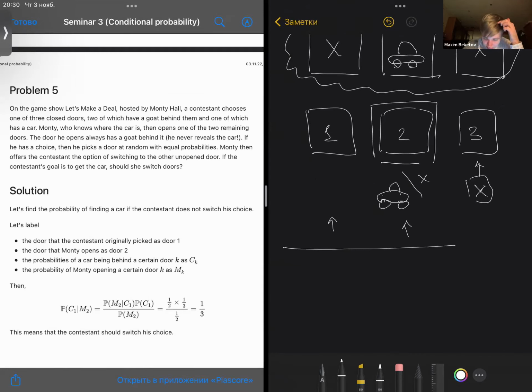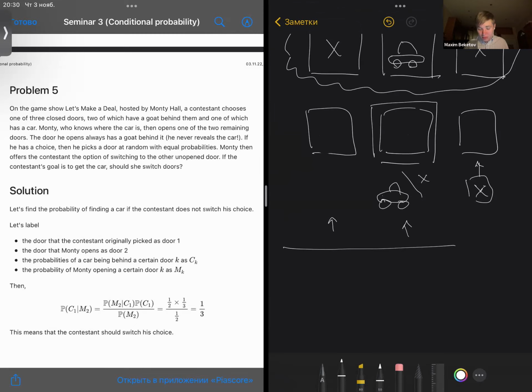Let's say, again, nothing here depends on the order of doors. Nothing here depends on the numbers that we assign to doors. So let's say we did it this way.